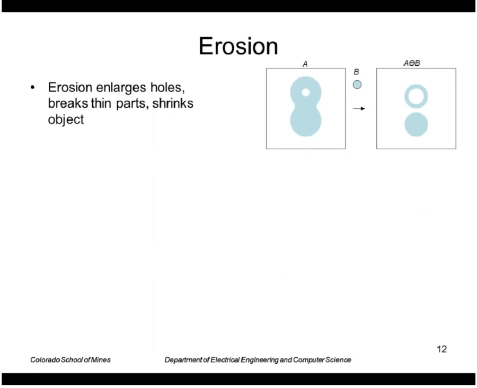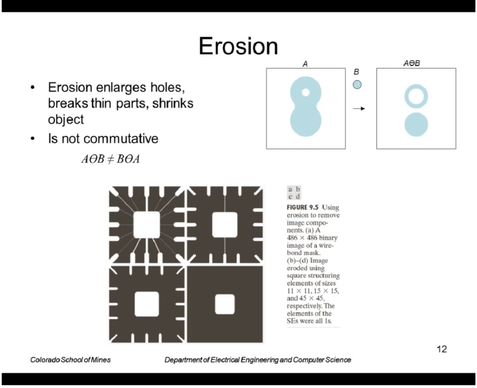So in general, we can think of erosion as shrinking a region. It makes a region smaller, it makes holes bigger, and it makes any thin parts go away. It's not commutative. And here's an example on an image. Here's my original image.